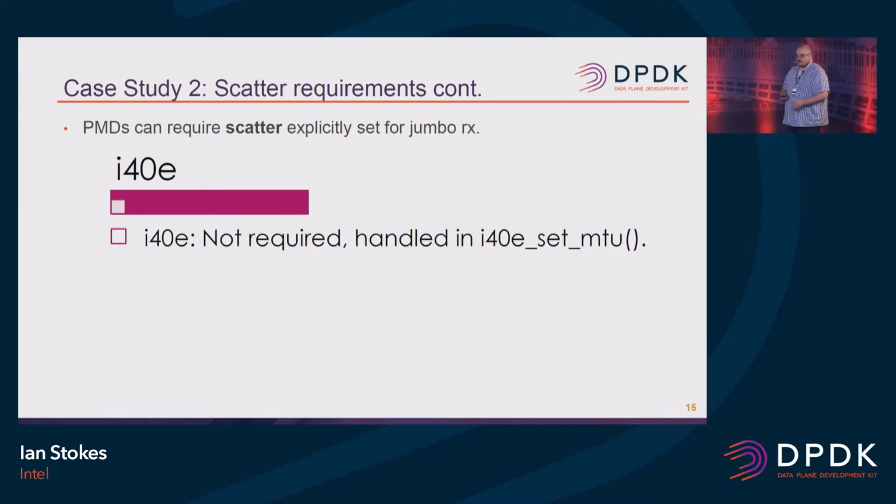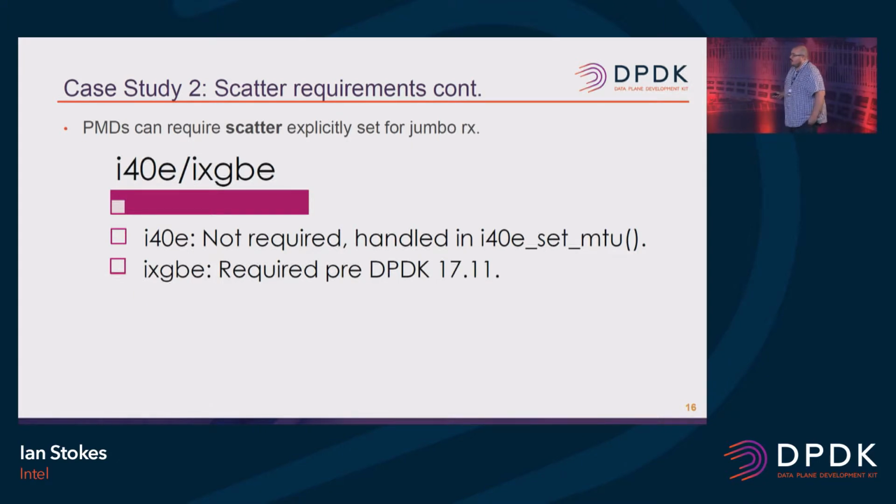It allows OVS to be a bit blissfully ignorant, I would argue. For IXGB, it's required that scatter has to be set pre-DPDK 17.11. I think in DPDK 17.11, possibly .1, a change was added where essentially it's not required anymore. You can set it beforehand and it will be OK.